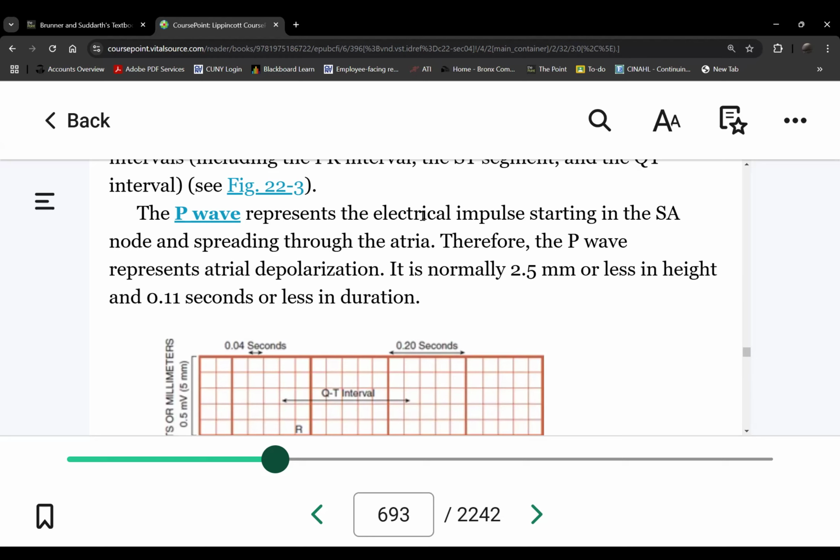For a contraction to be complete, there has to be a P wave, meaning atrial contraction. Again, no P wave, what two things did not happen? The impulse did not come from the SA node and the atria did not really contract. They did something, maybe quiver, but did not really contract.